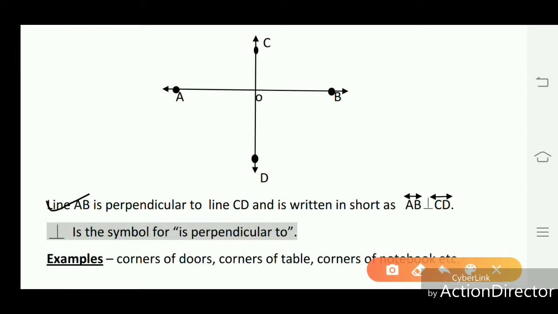This symbol is the perpendicular symbol, and AB is perpendicular to CD. Examples: corners of doors, corners of a table and corners of a notebook are examples of perpendicular lines.